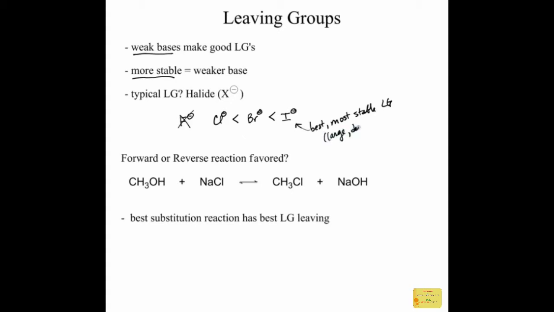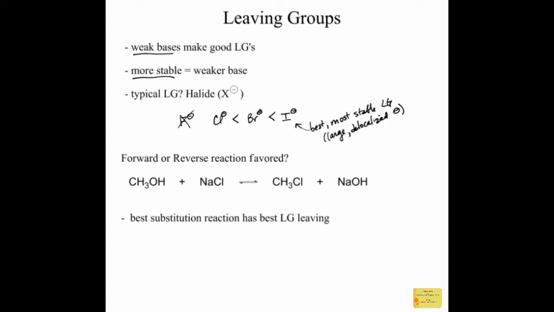So it's a large, delocalized negative charge here. So alkyl iodides are very hot electrophiles, really love to undergo substitution reactions, but bromides are fine and chlorides are as well. So we can use leaving group ability as a way to predict whether or not a substitution reaction is going to be favored.